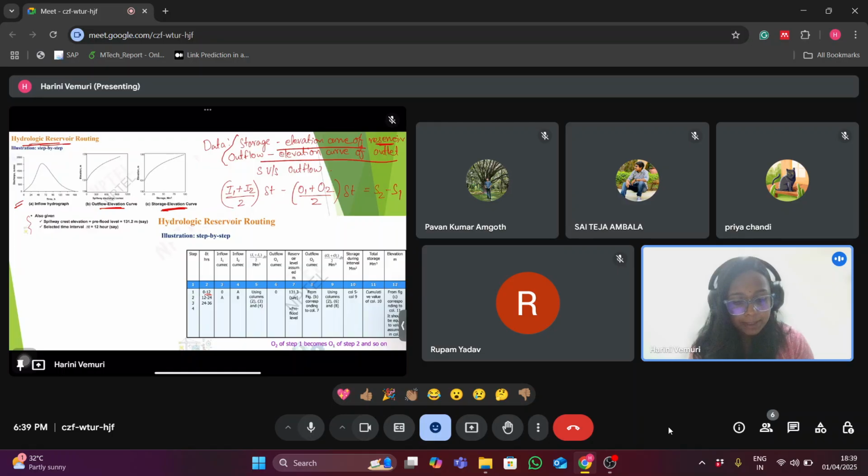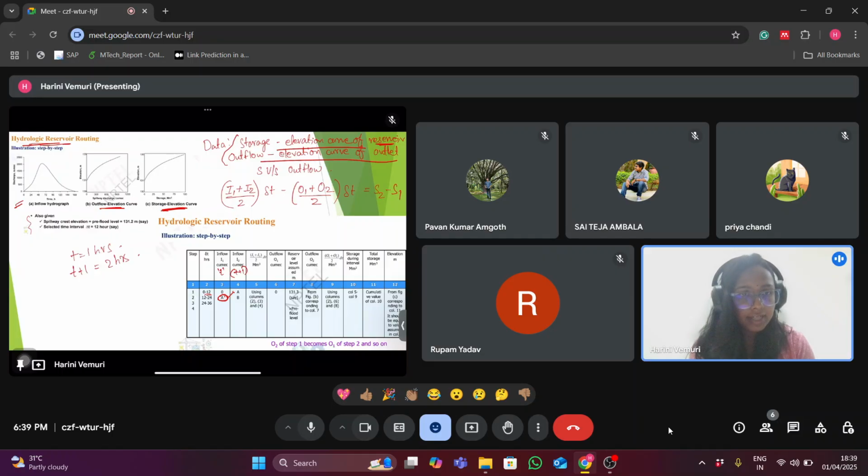So I2 will be, if t equals 1 hour, t plus 1 equals 2 hours. Generally this is t and this is t plus 1. We can write it like that also. So whatever is coming in the next step of I1 will be written here as I2.